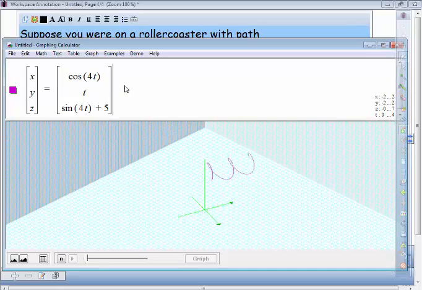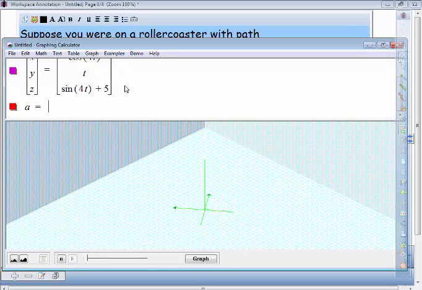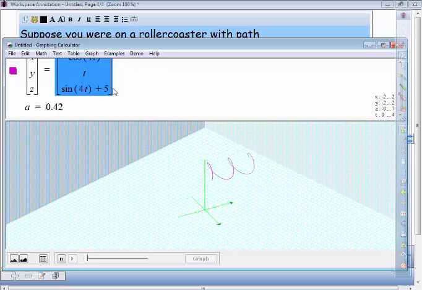And I want to know what happens at t is equal to, I'll call it a for now. A equals to, what is it? 0.42. So what I want to do is see where that point is.